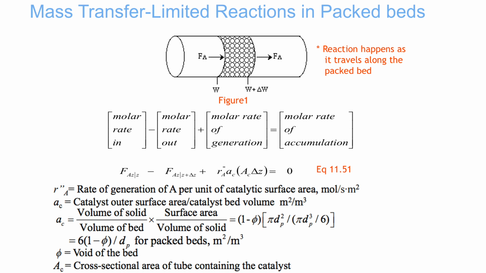Okay, so as in our previous lecture note, in mass transfer limited reaction, the surface reaction is so rapid that the rate of mass transfer of reactant from bulk is low and limits the overall rate of reaction. Okay, remember when last time in our previous lecture note, when the reaction is so rapid, the concentration of the reactant A at the catalyst surface, which is CAS, is equal to 0.